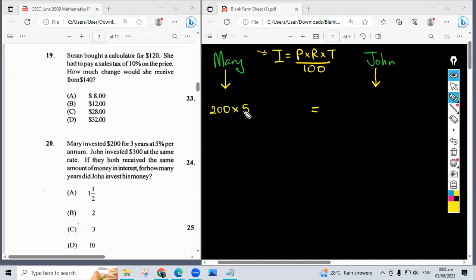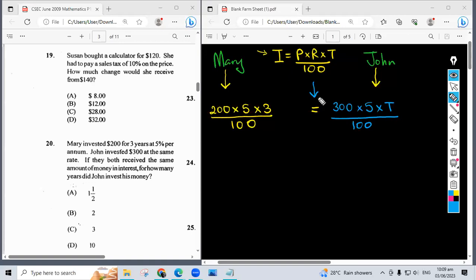The rate was 5 and the years was 3, and you put it over 100. For John's interest, he invested $300 at the same rate, so it's 5, but we don't know the length of time, so we're just going to put T. You can also put X in its place, but we're going to put T for time. And both of them are equal.